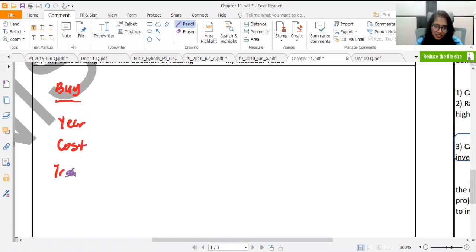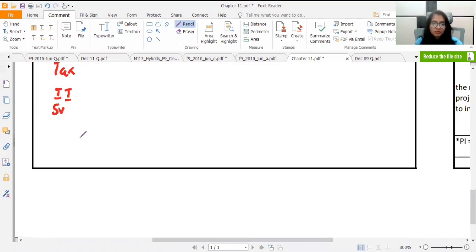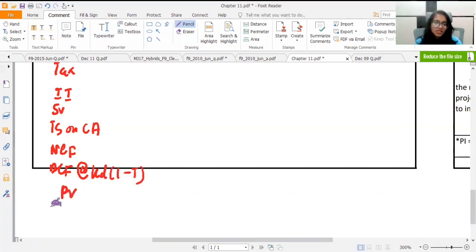If got tax, then I include tax, initial investment, scrap value, tax saving on capital allowance, net cash flow, discount factor. This one will be at Kd(1 minus T), PV, and NPV.